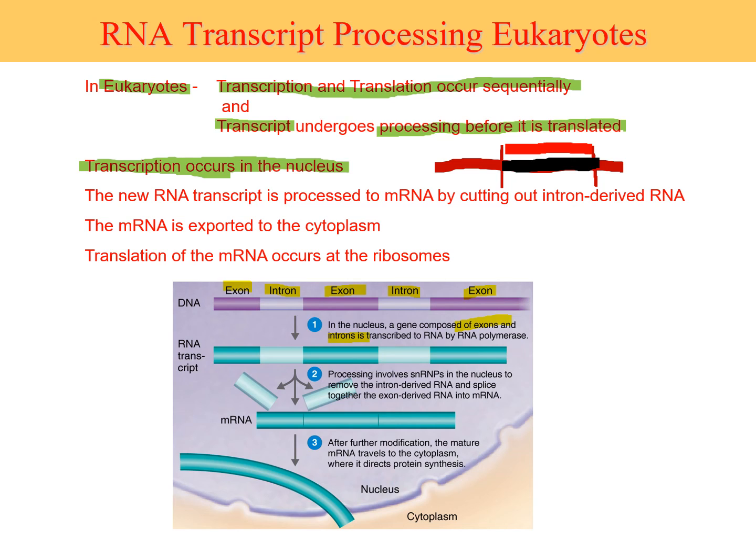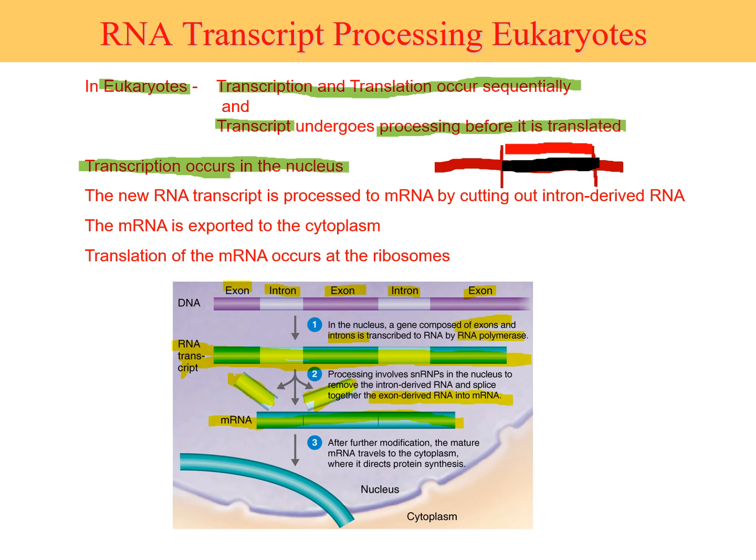The whole thing is transcribed to messenger RNA by RNA polymerase, as you've learned before, and you get a messenger RNA transcript, but it has to be processed because the introns are non-coding. Only the exon-derived RNA needs to be used eventually for translation to the protein. The intron-derived RNA has to be cut out. So the introns are cut out, and you get the mature messenger RNA transcript.